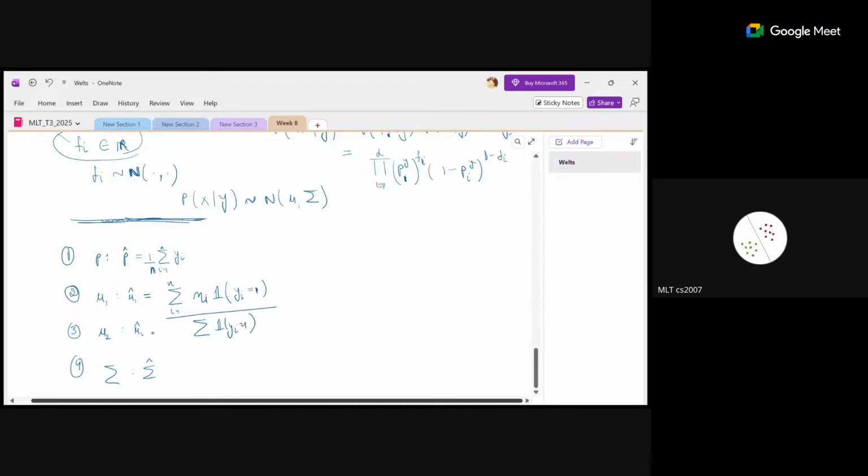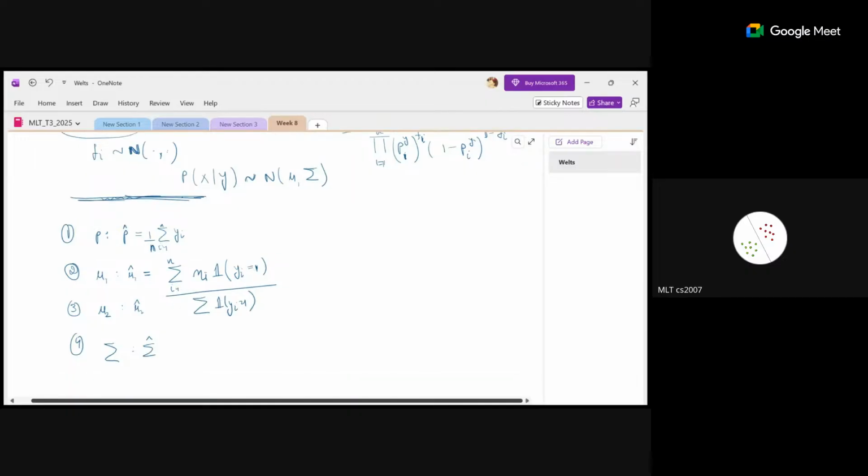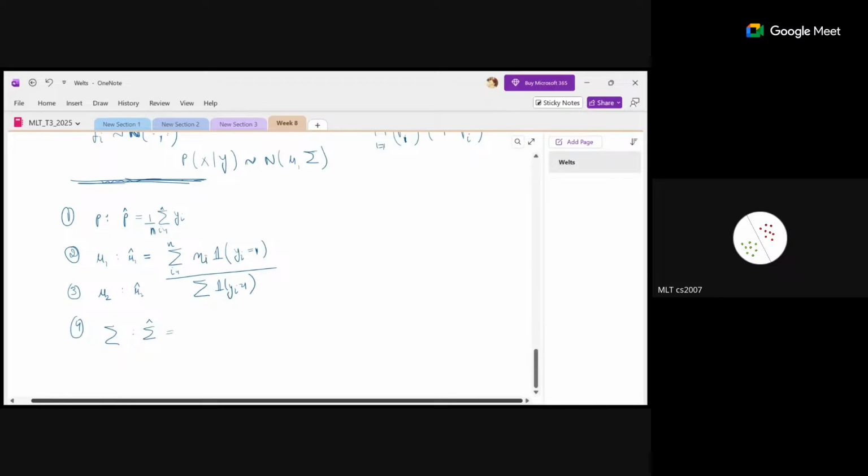Similarly, for mu2 hat, instead of y equal to 1, I'm going to give y equal to 0. That's the only difference. And the covariance matrix, if we find the ML estimate, is nothing but my sample variance. Just like we have the sample mean as the estimate for mu1 and mu2, we have the sample variance as the ML estimate for sigma.